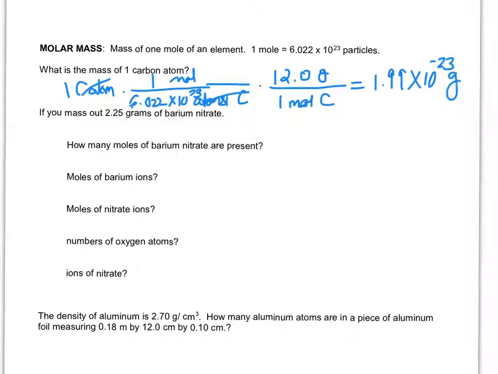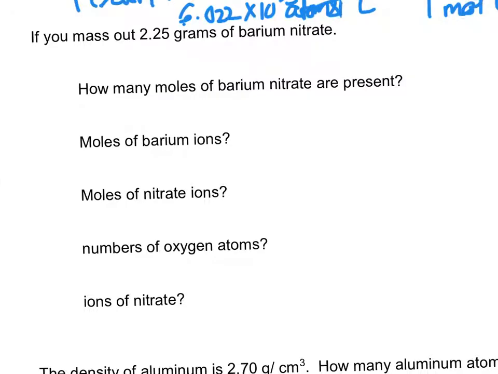All right, let's try some more problems. It tells us we have 2.25 grams of barium nitrate. We want to know how many moles of barium nitrate are present. So let's for fun figure out what barium nitrate is. Barium is Ba2+, nitrate is NO3-, so barium nitrate is Ba(NO3)2.